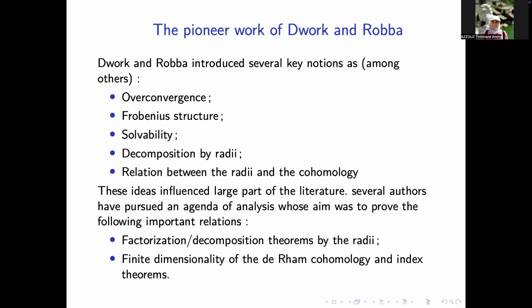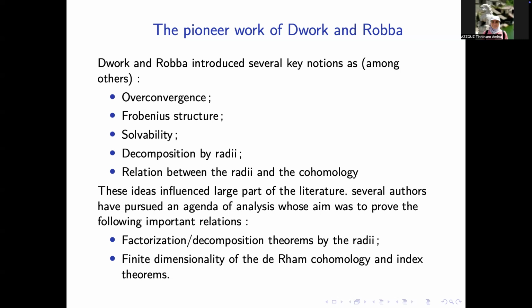There is something interesting when we study how the radius of convergence varies. It has a link with de Rham cohomology, and this influenced a large part of the literature.